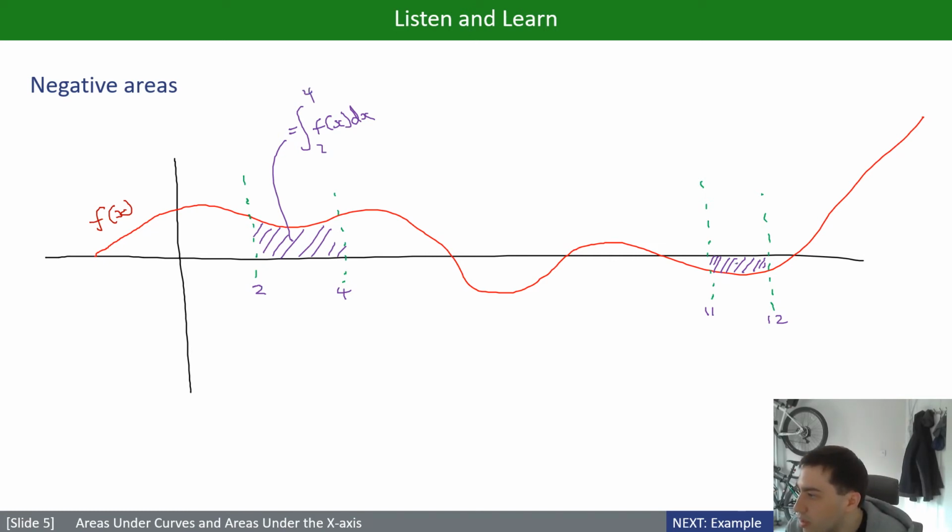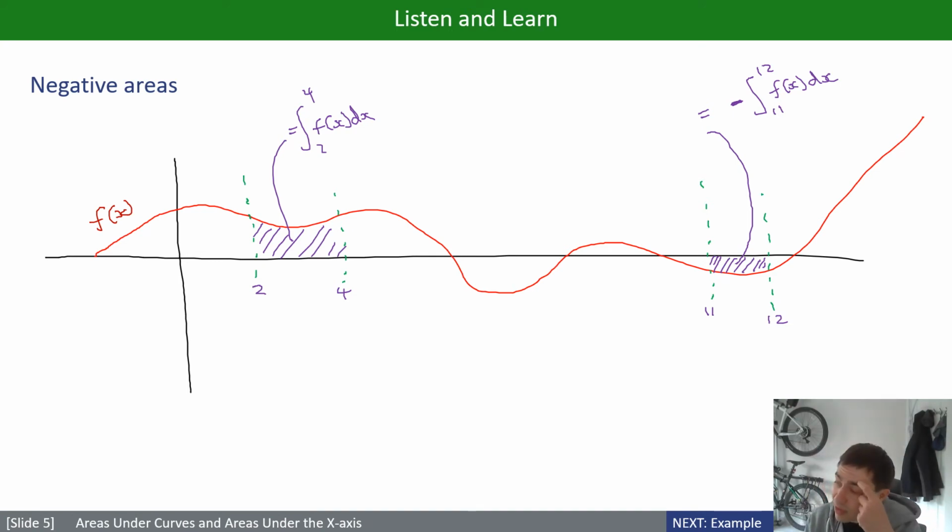Whereas this area over here, if you were to integrate 11 to 12 of this function, you'd actually end up with a negative answer, which doesn't make sense because areas are of course positive. So what you have to do is just take the negative of your answer and you'll have the correct answer.